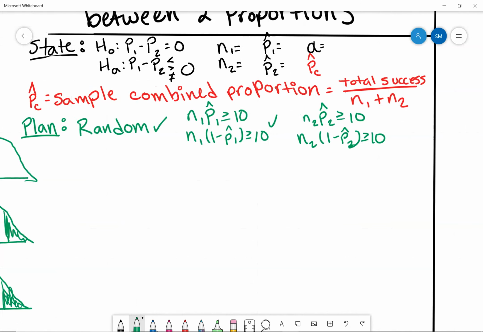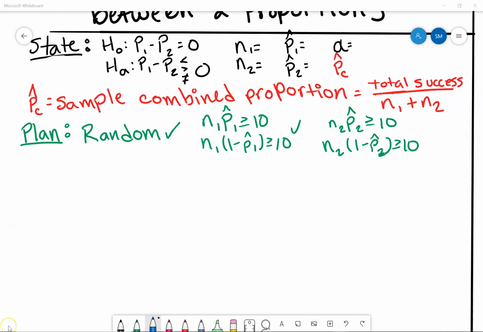The next step that we're going to do is the do step. In the do section, we are looking for the z value to find the z-score to find the p-value.